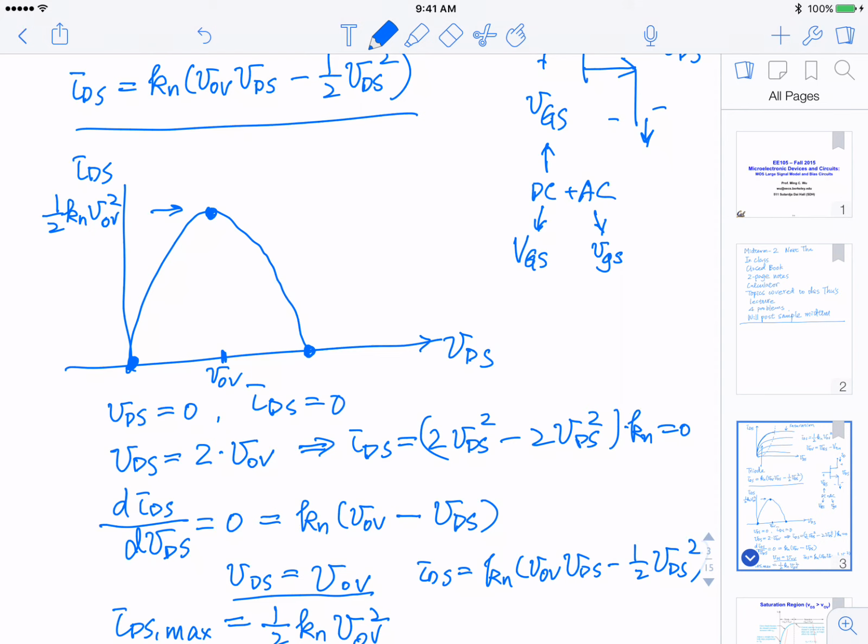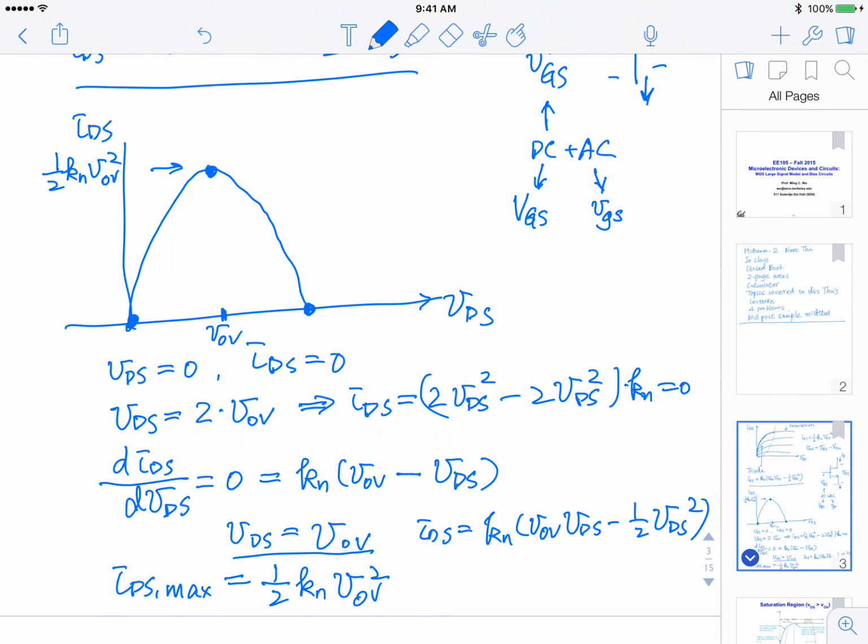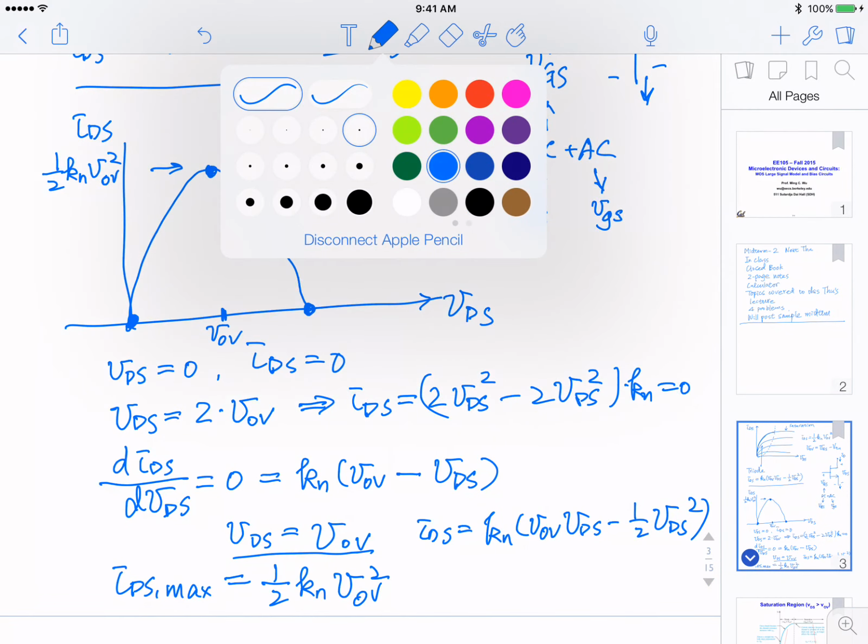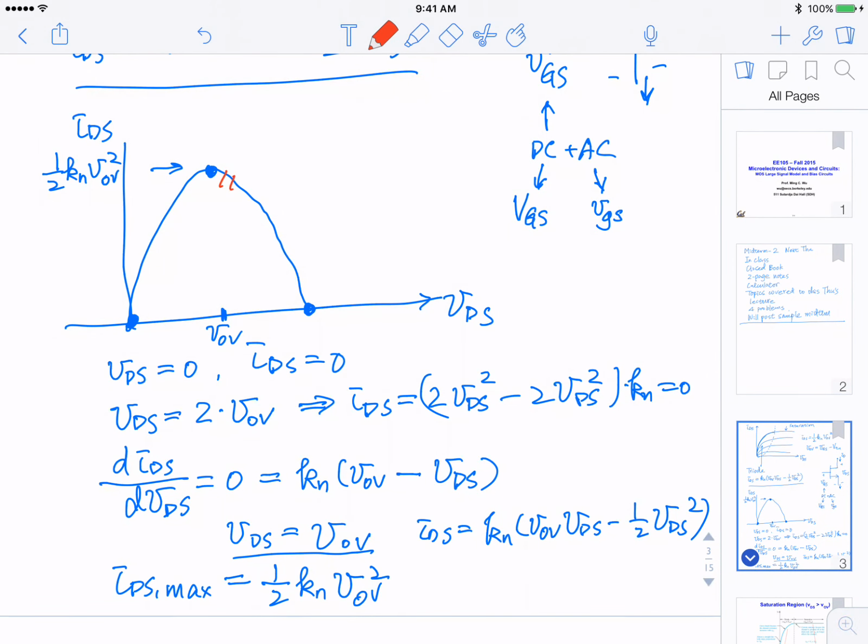Mathematically, now this is just an equation. Equation is not physics. Equation is a model we use to describe the physics. So the second part of this curve is actually not physical, okay? This is not physical because it did not consider the case of pinching off.